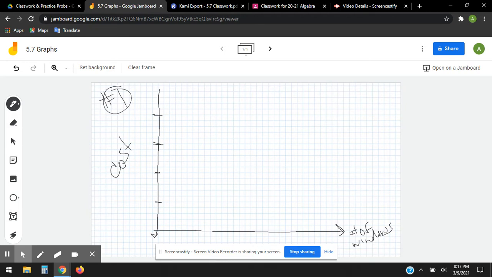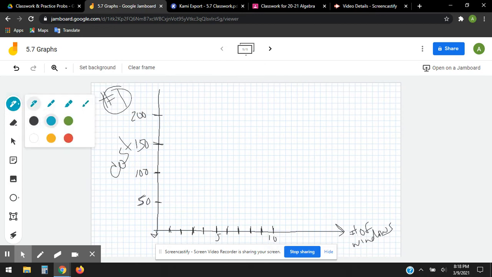If I go by tens, I can get up to 200. I think that'll work. So 10, 20, 30, 40, 50, then 100, 150, and 200. We'll go by ones down here, actually skipping every other one: 2, 4, 6, 8, 10. We didn't even get up to 10 windows.